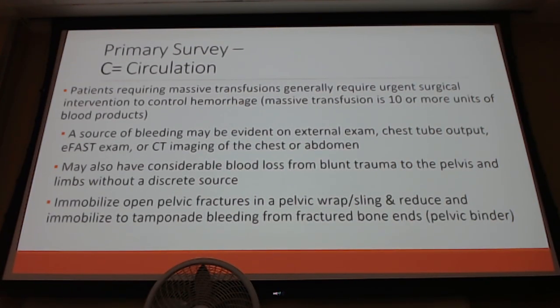And then massive, we do have massive transfusions. Most of them are considered 10 units or more as massive, our massive transfusion protocol. And that's really a temporizing measure, because ideally, we need to get them to a surgery suite so we can control wherever that bleeding is coming from.